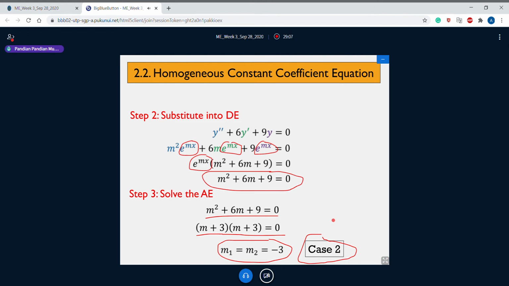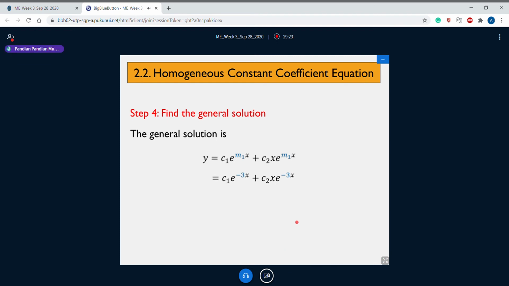This is case 2. In this case, we have a problem because we cannot repeat the two roots in the final solution. If you look carefully, the general solution is y = C1 e^(m1 x) + C2 x e^(m1 x).